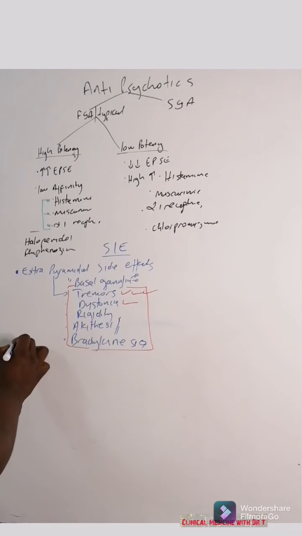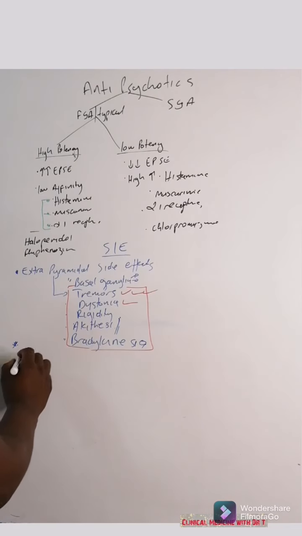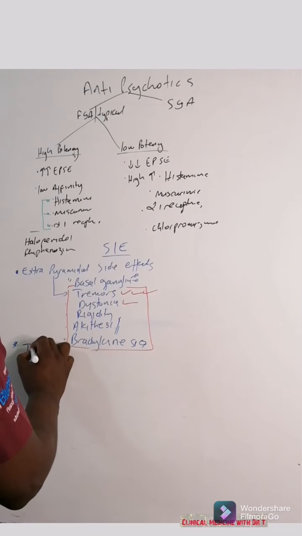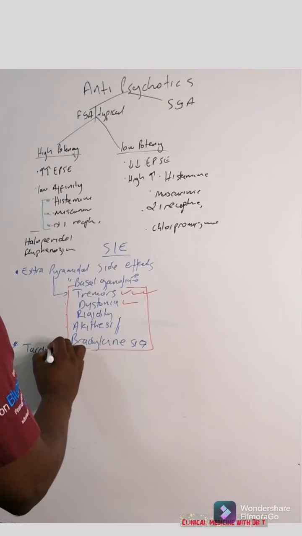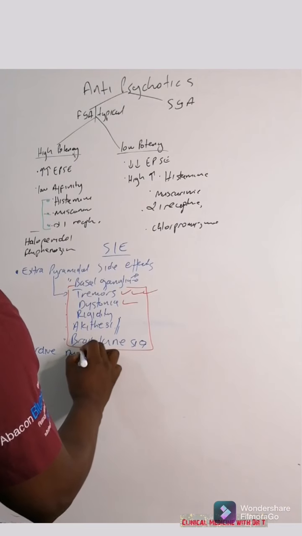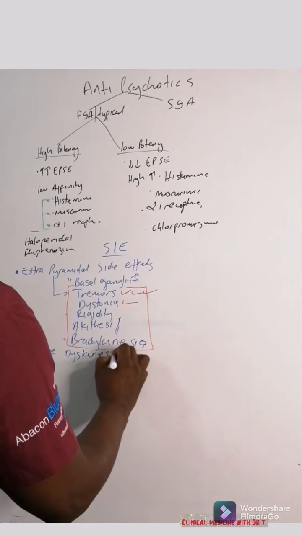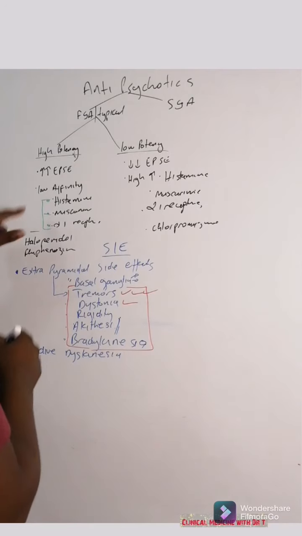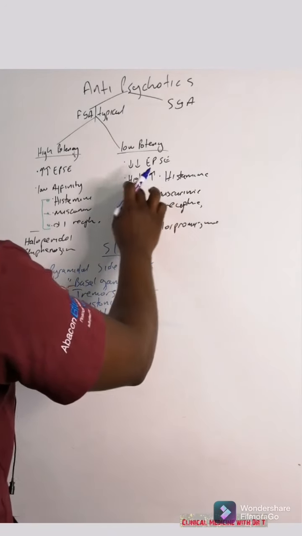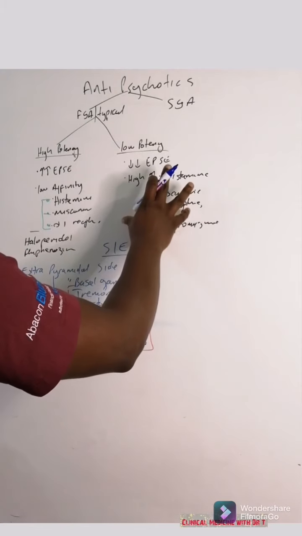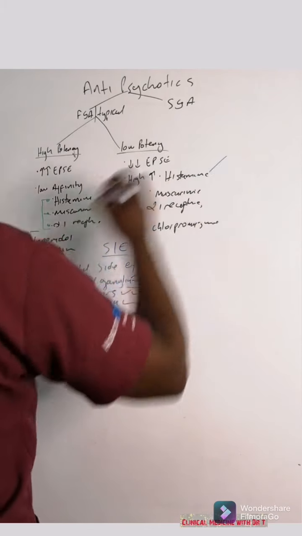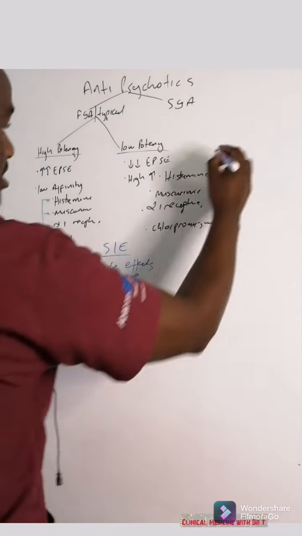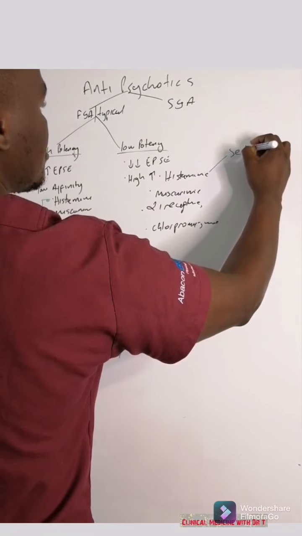Okay, other side effects: tardive dyskinesia. Like we said yesterday, if a drug has a high affinity for histamine, for instance, that means the drug will be highly sedating.